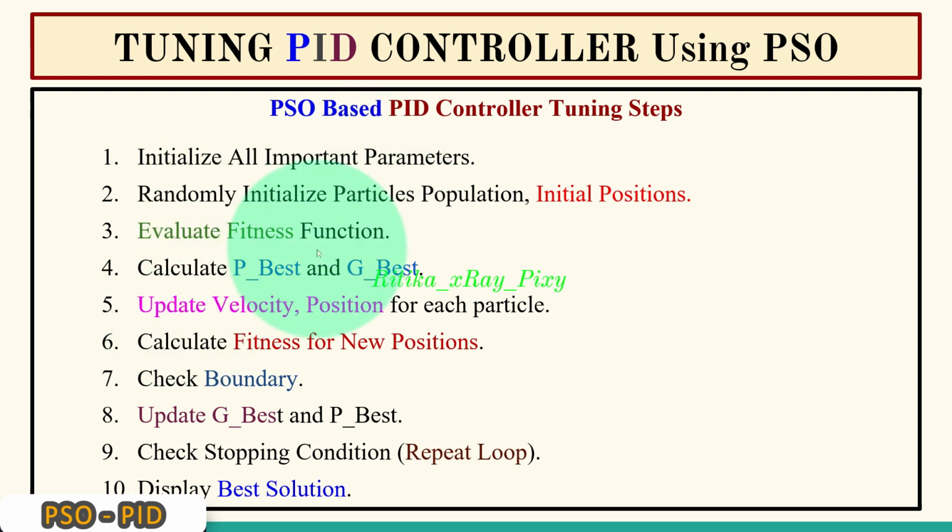Then evaluate the fitness value, calculate the personal best and the global best, update the velocity and position for each particle, calculate the fitness value using the objective function for the new position, check the boundary whether the new solutions are within the boundary or not, and then again update personal and global best. Repeat the loop until the stopping condition is met, and in the end display the best solution.